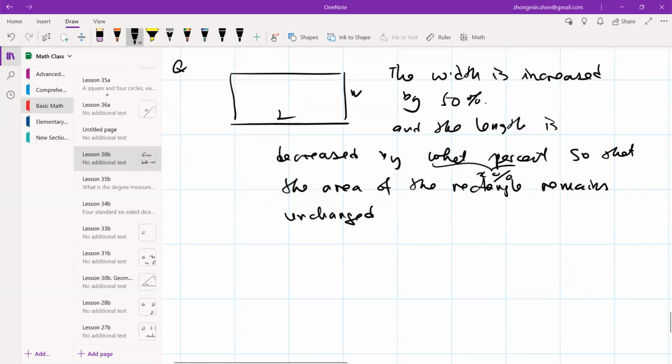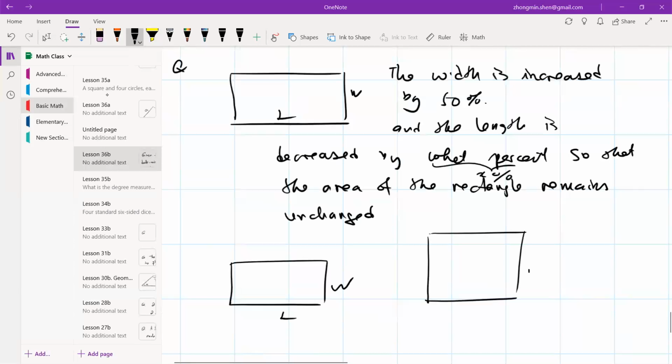Somebody claims decreased by 25%. Okay, let's draw the picture here. W prime, L prime, right?